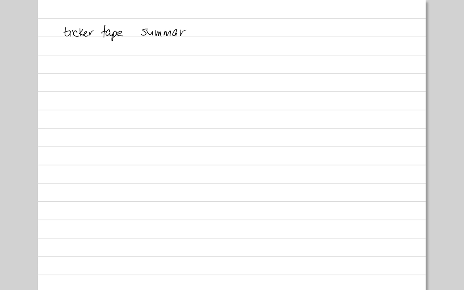Okay, just a quick ticker tape summary. If you're to plot the time versus the position of a ticker tape diagram, if they are equidistant, and we're traveling, the motion is to the right. If it's equidistant spacing, is it uniform or non-uniform motion?